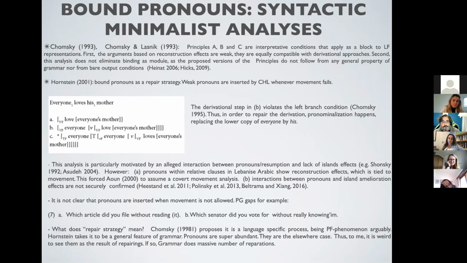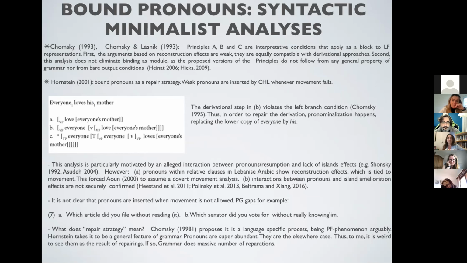Interactions between pronouns and islands, meaning melioration effects, are not securely confirmed by experimental work. For example, all these people that I'm citing here have done work to check this and they couldn't find any significant effect.